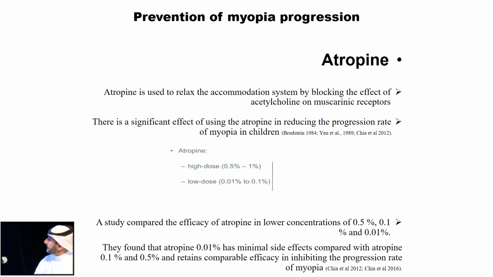High dose is 0.5 to 1%, lower dose is 0.01%. Recent studies have been conducted to compare both concentrations to see the effectiveness of using these drops. And they found that using a lower dose of atropine also achieves significant reduction in myopia progression with minimum side effects.